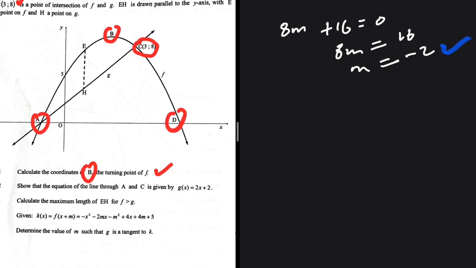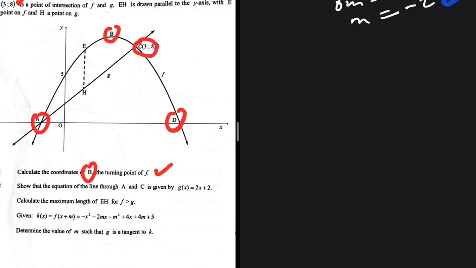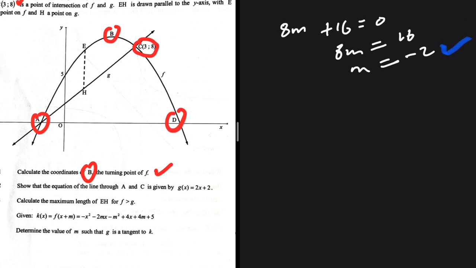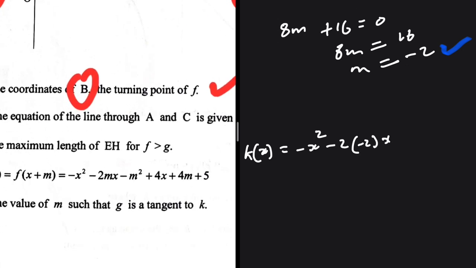Right, so k of x will now be equal to, because we are saying that m is minus 2, k of x is going to be equal to minus x squared, right? And then minus 2 minus 2, that is the value of m, x, right here it is, and then minus m squared, so that is minus 2 squared, plus 4x plus 4m, m is minus 2, plus 5.